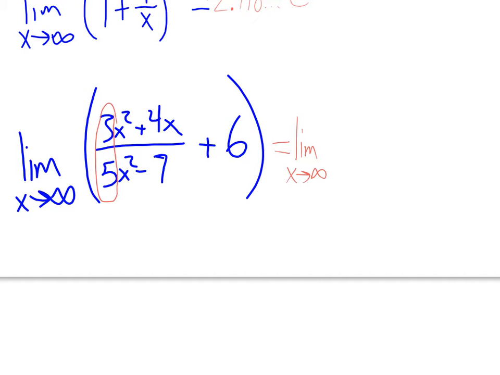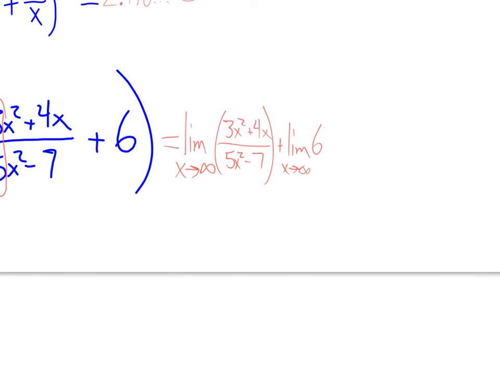Now, watch this. We actually learned how to handle this already, but you may have forgotten because it was Friday. We have 3x squared plus 4x over 5x squared minus 7, plus 6. The limit of a sum is the sum of the limits. So I can take the limit of that and then add the limit as x approaches infinity of 6.